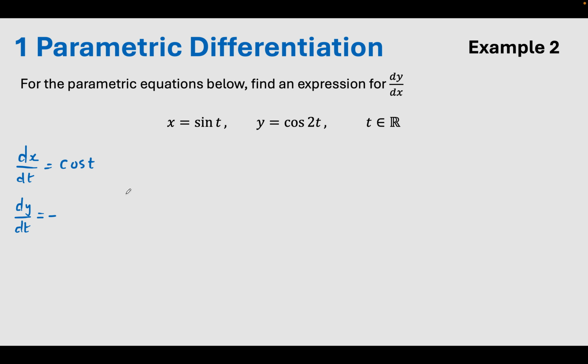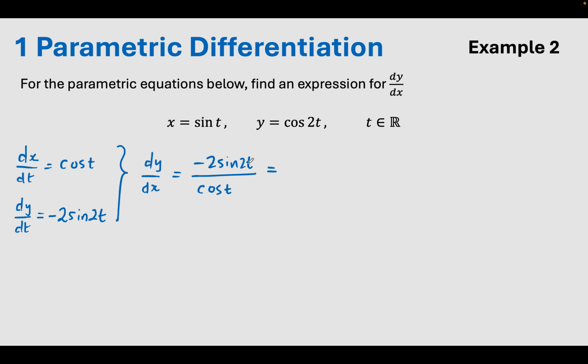So I get minus, because the derivative of cos is minus sine, and then 2 sine 2t. So if I put these together, I get dy/dx is equal to minus 2 sine 2t over cos t.